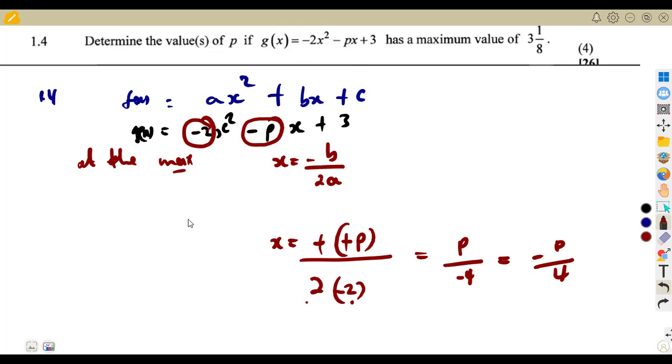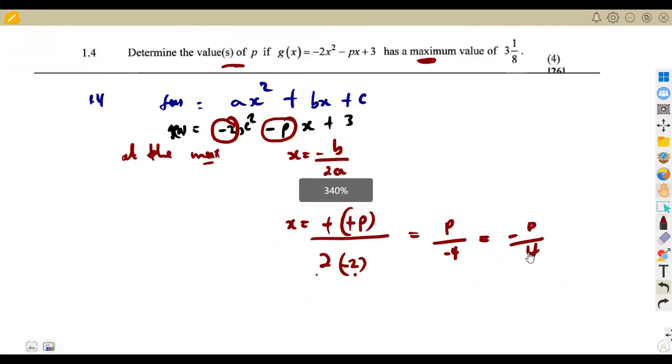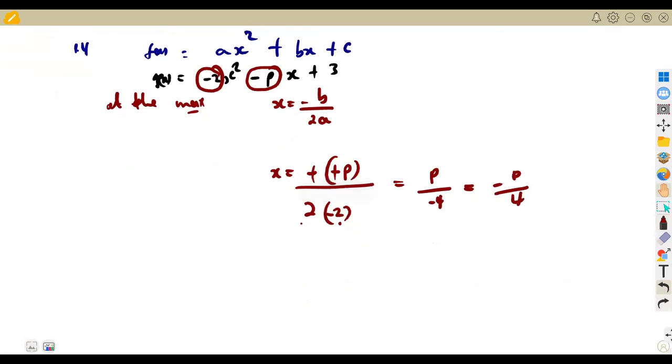All right. So what are we going to do with this minus p over 4? This is the value of x at the turning point, which means at the maximum value. But the question is, we are supposed to determine the value of p when it has a maximum value of 3 and 1 over 8. So meaning to say, when our x is minus p over 4, that's where we obtain the maximum value.